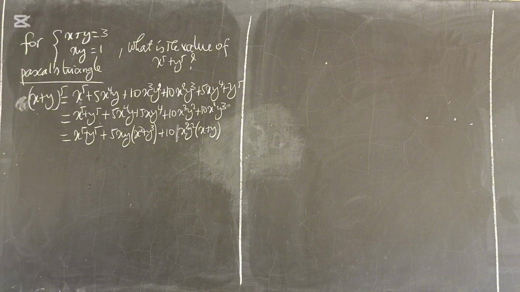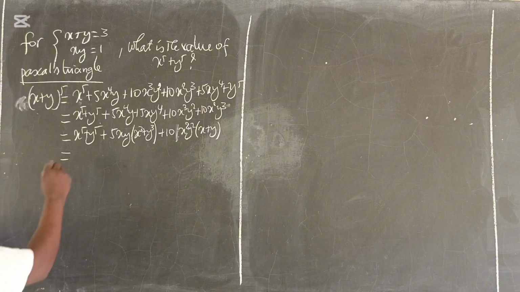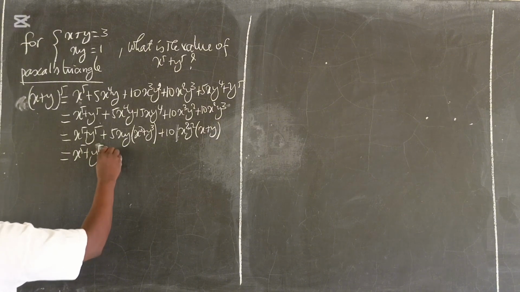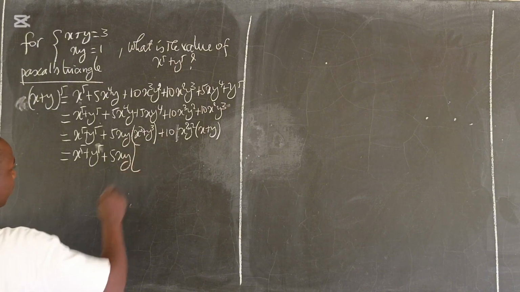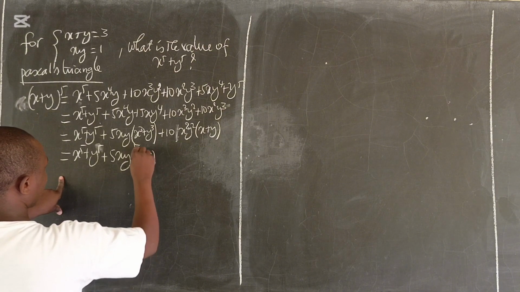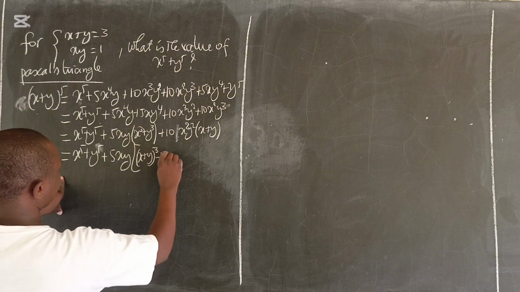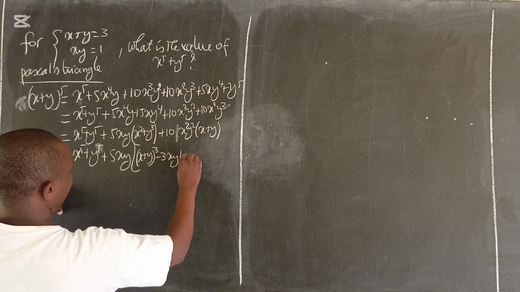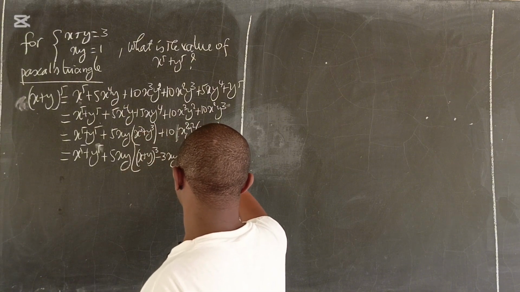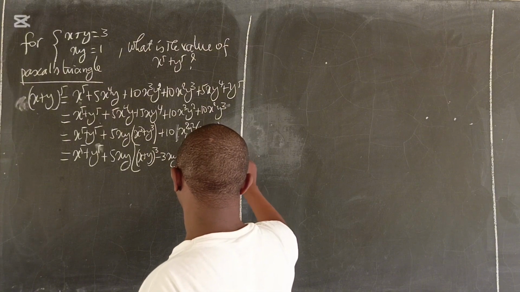We saw that x power 3 plus y power 3 is equal to (x plus y) power 3 minus 3xy into (x plus y). Here will be plus 10 x square y square into (x plus y).